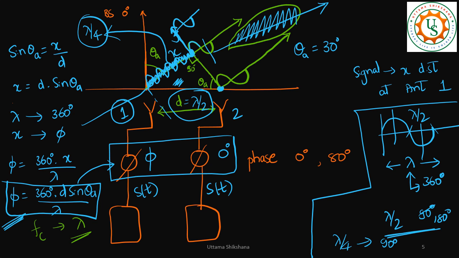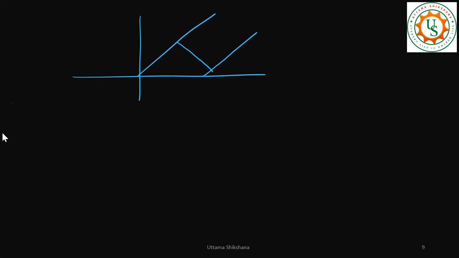okay, let me write it here. So the thing is that out of this signal, this last portion we should bring over here. So we should start with this 90-degree phase shift.